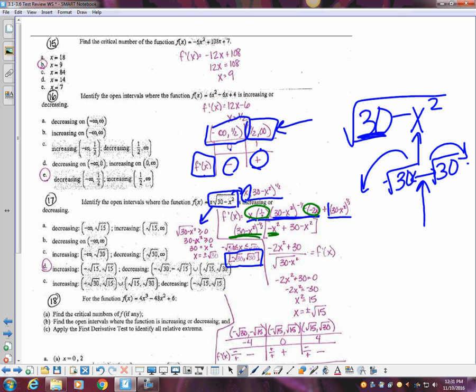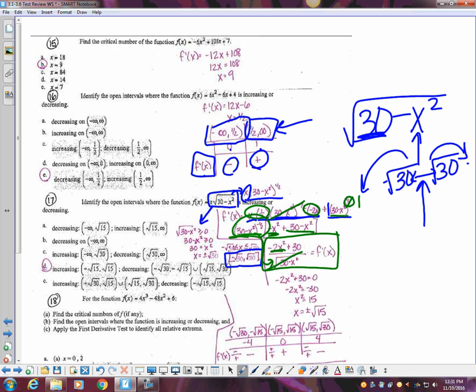I'm GCFing the negative 1/2, so pull him out. It's going to make him go away, and that's going to take this guy down to 1. So there he is. And then I combine my like terms, pull this guy down to the bottom. And then that becomes the derivative. When I set him equal to 0, the bottom goes away.